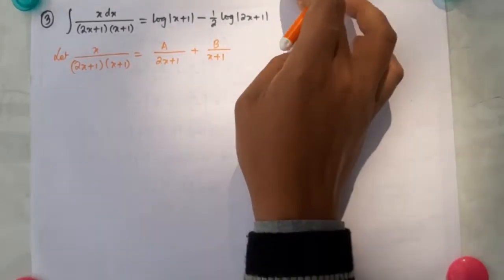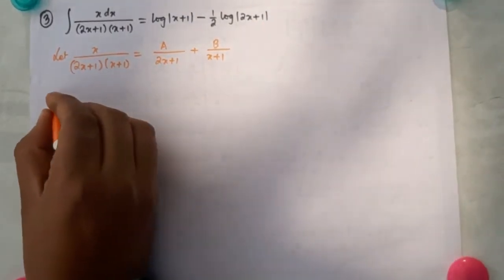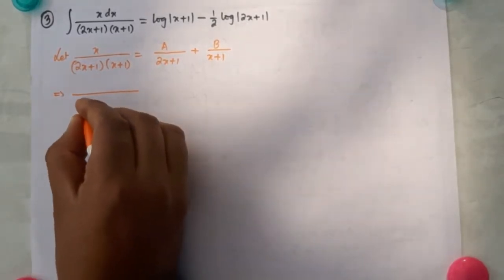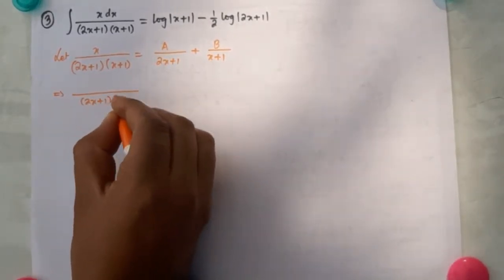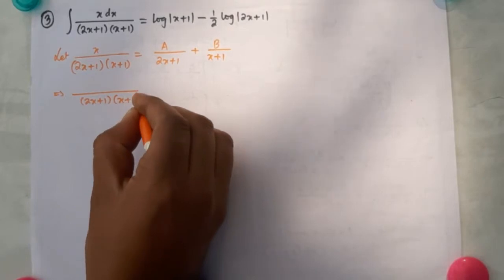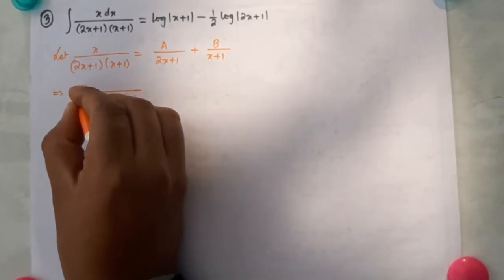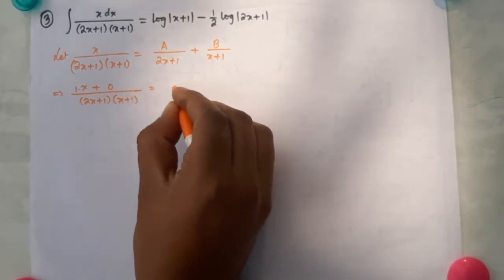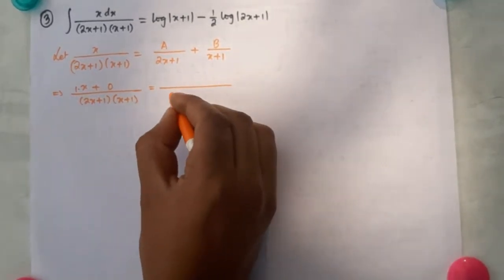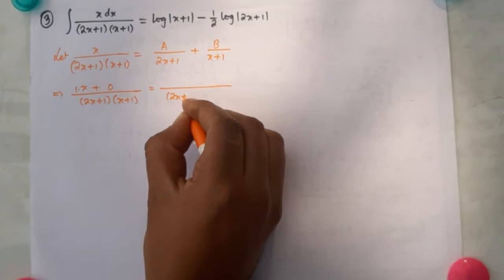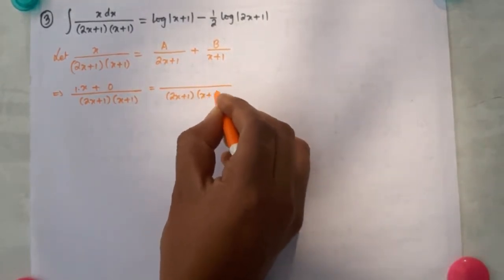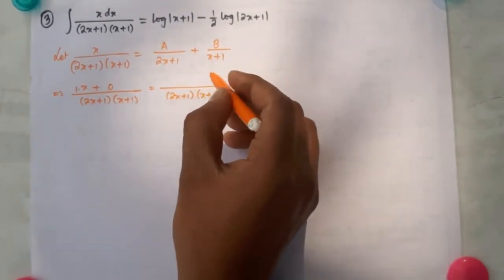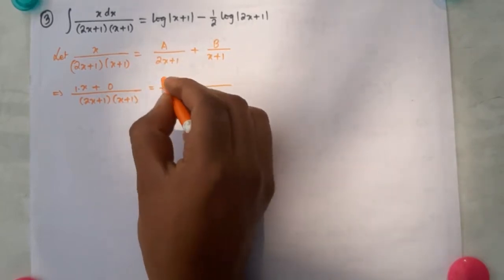Okay, so in that case, again as usual, you will write (2x plus 1) into (x plus 1). So let me write this as 1 into x plus 0. Can I do that? Yes. So I am directly writing for you. Let me do it serially only.